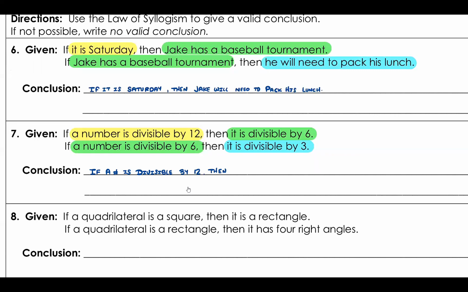It is divisible by 3. If a number is divisible by 12, then it is divisible by 3.